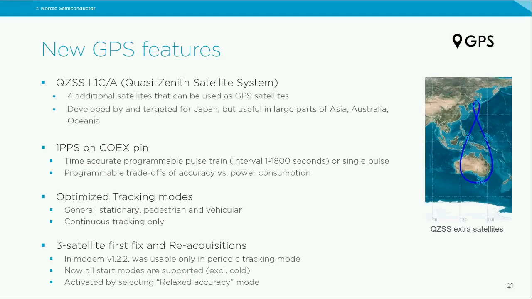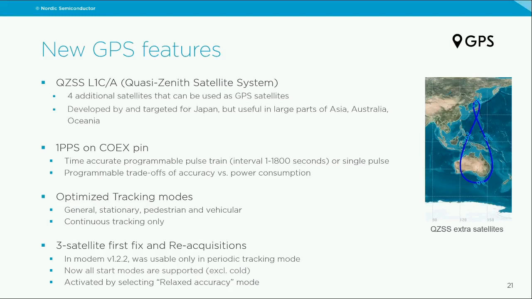This was a satellite system developed by and targeted for Japan, but it's very useful in large parts of Asia, Australia, and Oceania. So if you have a device in this area, you should expect to get a quicker GPS fix since you have more satellites to connect to.